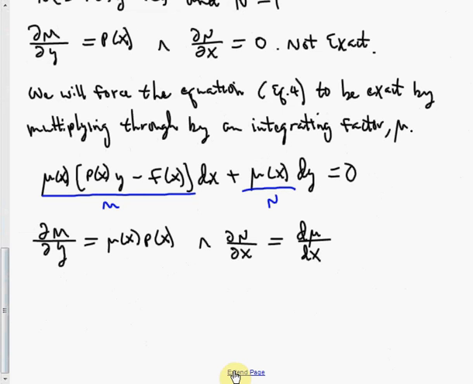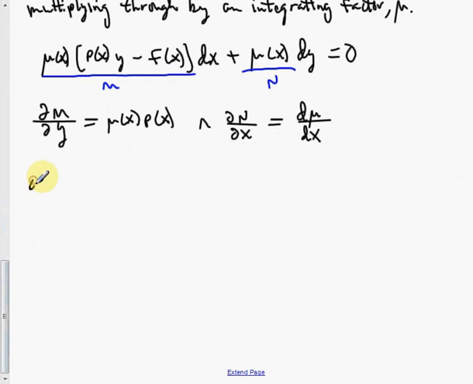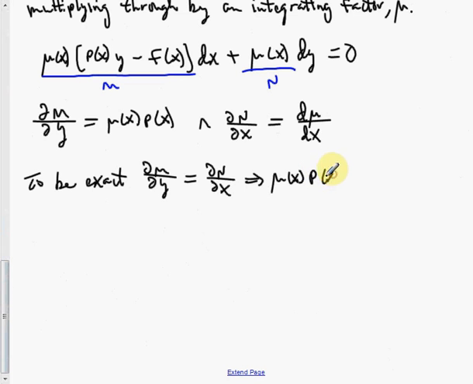So to be exact, the partial of m with respect to y must equal the partial of n with respect to x. That implies that mu of x times p of x must equal d mu over dx.